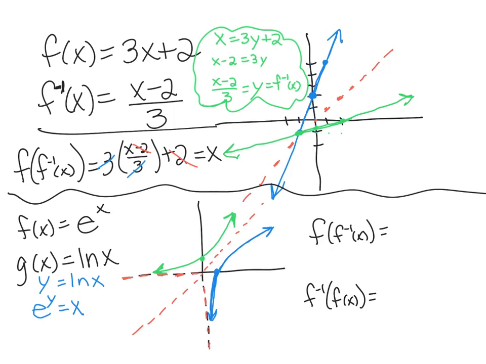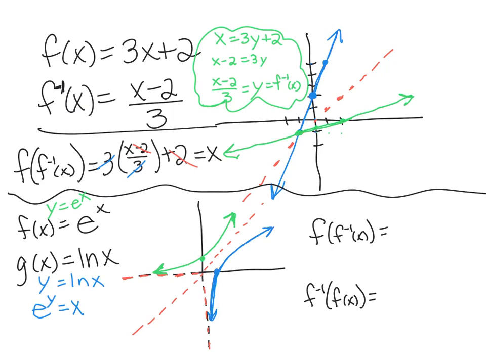That's the relationship. And you can see how these two guys are inverses of each other, because y equals the ln of x means e to the y equals x, and you see how this guy right here is y equals e to the x. Do you see how we just switched the x and the y in those two functions?